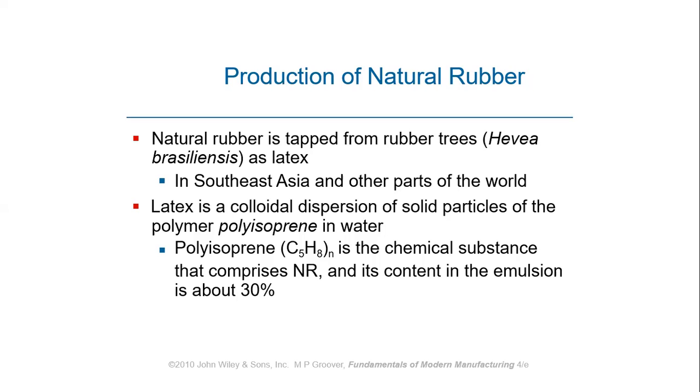(C5H8)n is the polymer, and there n indicates it's a polymer. When the monomers are connected together to create a long chain, then we call them a polymer. It's chemical stuff. The polyisoprene stays in the rubber as an emulsion, and the polyisoprene constitutes only 30% of the emulsion.